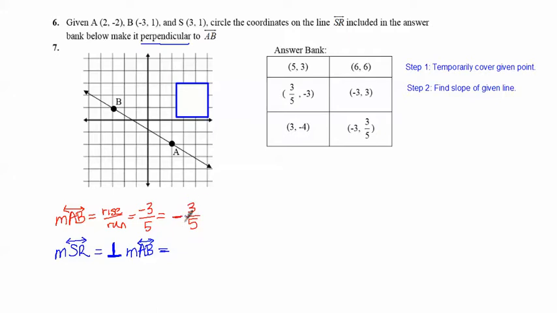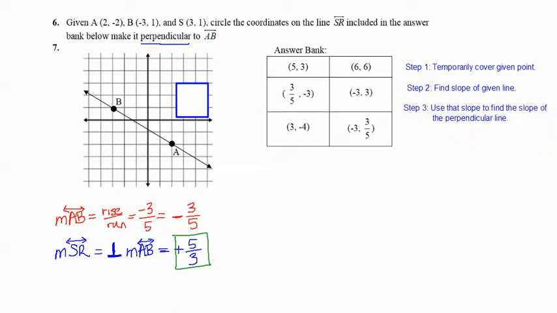So the negative part of that title means that we need to change the sign. If the original slope was negative, the new perpendicular slope is going to be positive. And if the fraction being used originally was 3 over 5, then the reciprocal is going to be flipped. It's going to be 5 over 3. So that slope, +5/3, is going to be the slope that now we need to use for step 3.